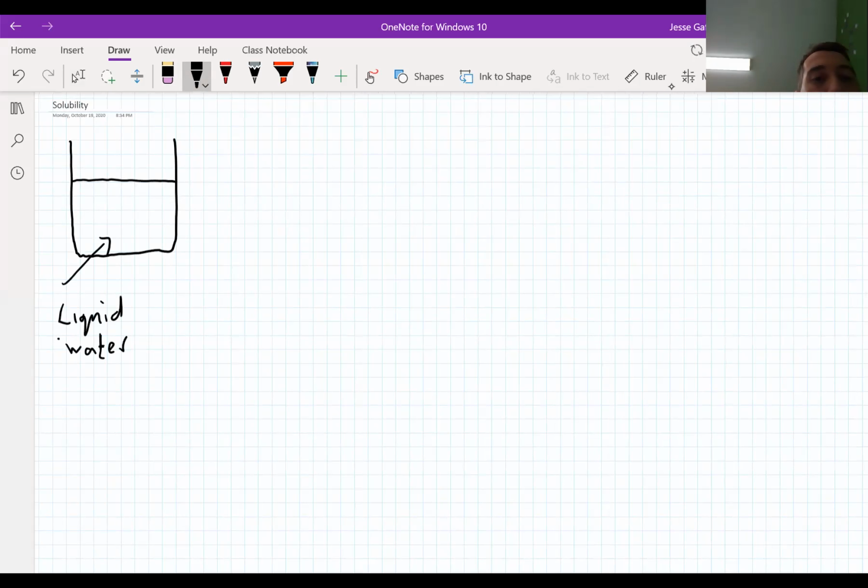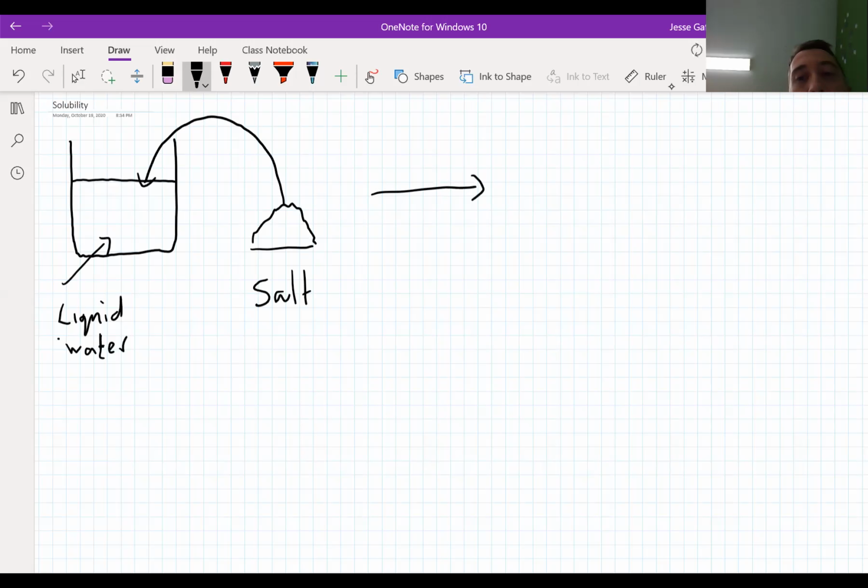We then took a solid substance called sodium chloride, or salt, and we put it into the beaker of water. At the end, the salt looked like it disappeared and it looked like water again, but this was what we call salty water.